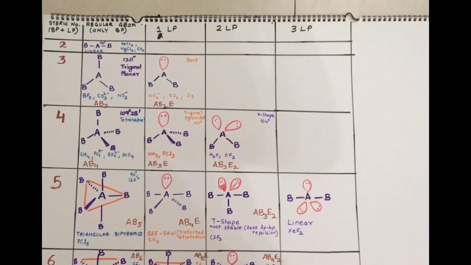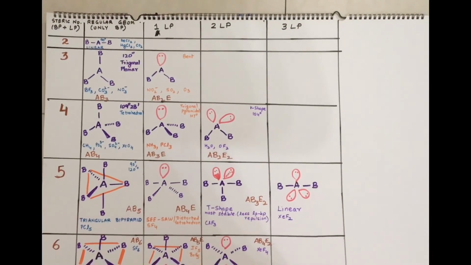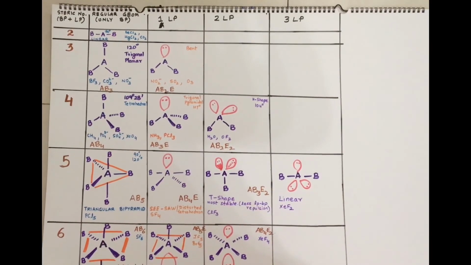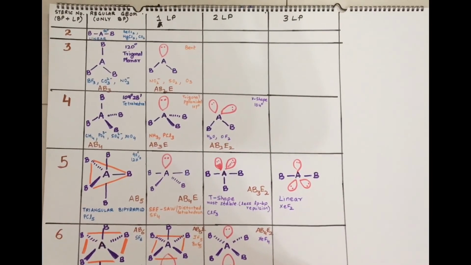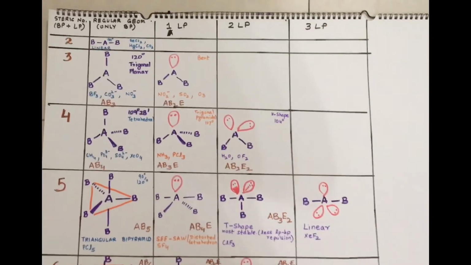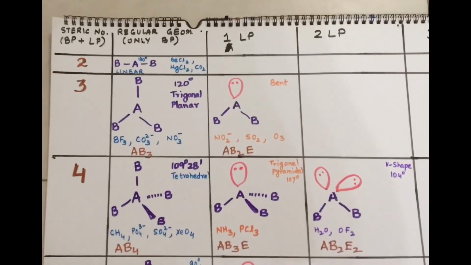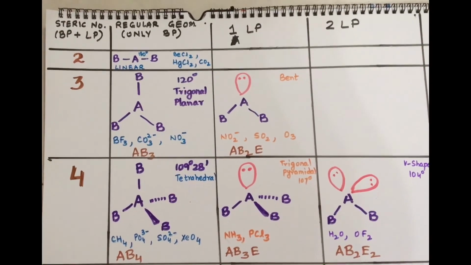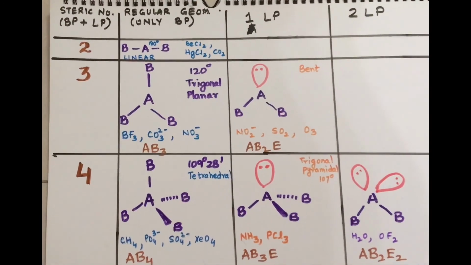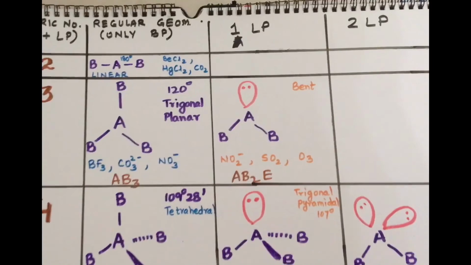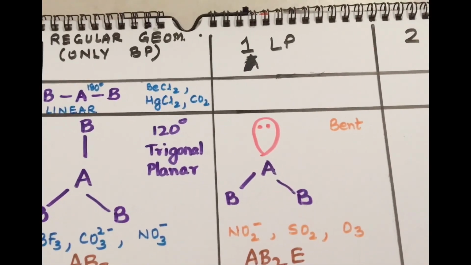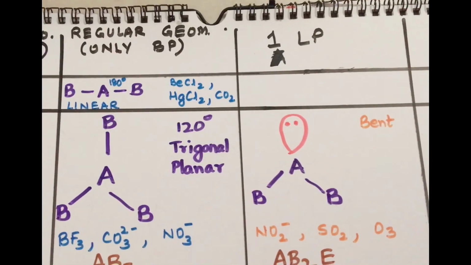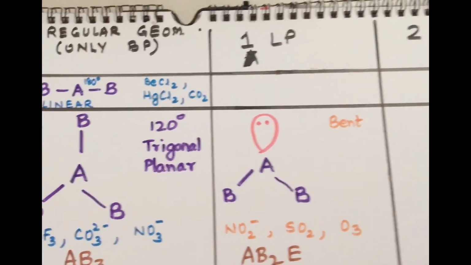Now this is the chart that I've been talking about. Again, I've made it on the back side of an old calendar. And if you observe carefully, the first column is indicating the steric number, that is the total sum of the bond pair and the lone pair of electrons. The second column is regular geometry, when a molecule has only bond pair of electrons.